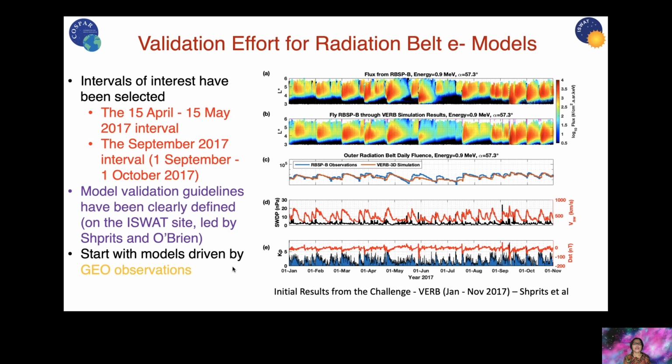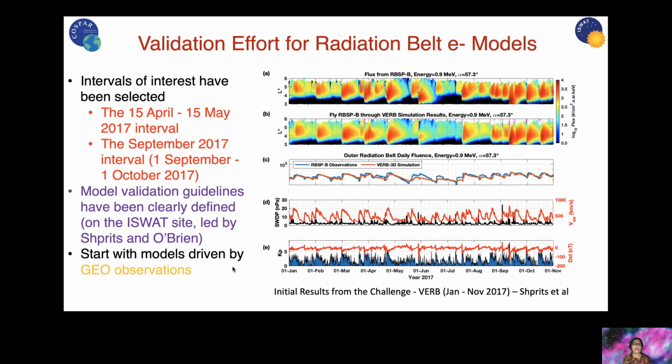Then next I will talk about the initial validation effort in both areas. For radiation belt electron models, we have chosen the intervals of interest, the 15 April to May, and also the September one.